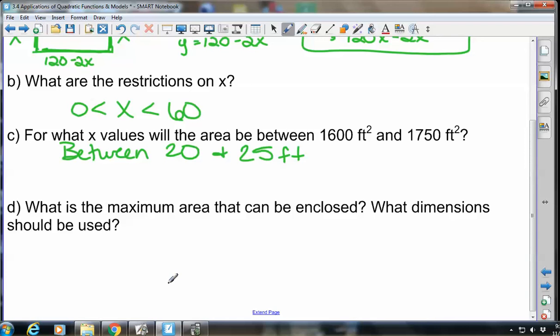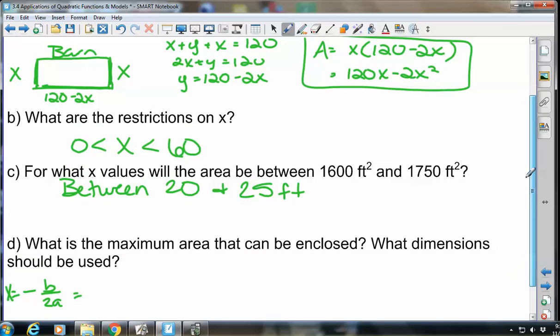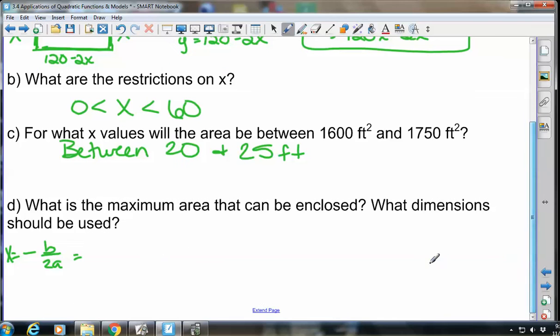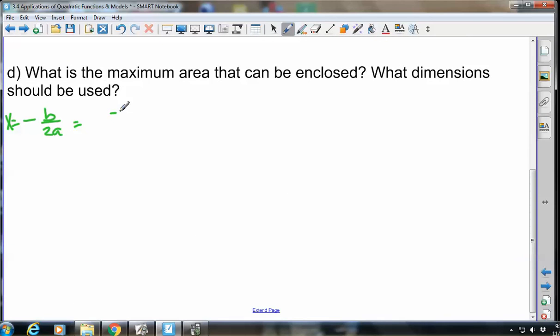Okay, part D. What's the maximum area? How do you find a maximum or minimum? Vertex, opposite of B over 2A. So that'll give me my x value. So my B here is the 120. My A is -2. Negative 120 over 2 times -2. And we get 30.